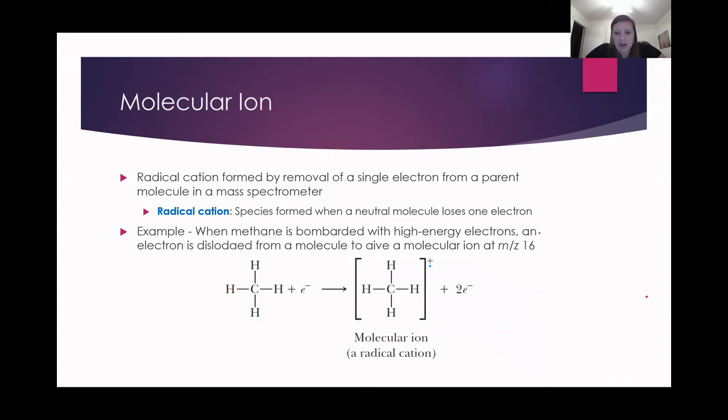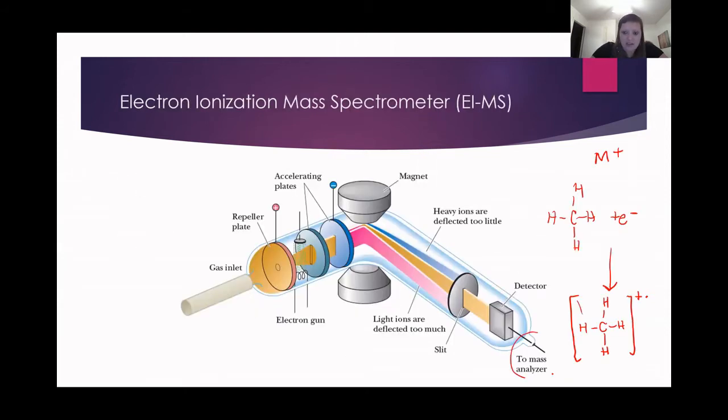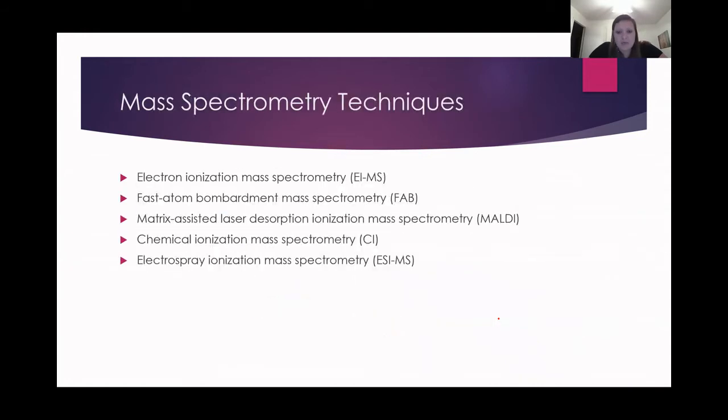This is the molecular ion that you saw on the last slide. The ion beam focuses these ions into the mass analyzer, which is at the end of our spectrometer. And this results in a mass spectrum. So a mass spectrum is mass to charge ratio on the x-axis and intensity on the y-axis.